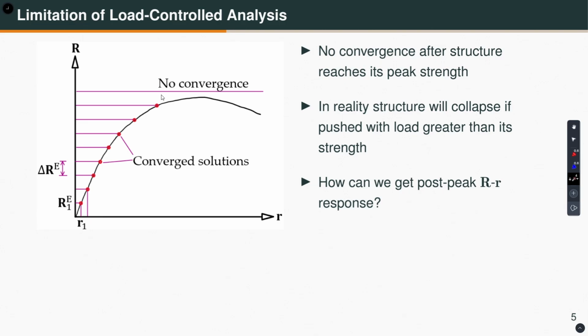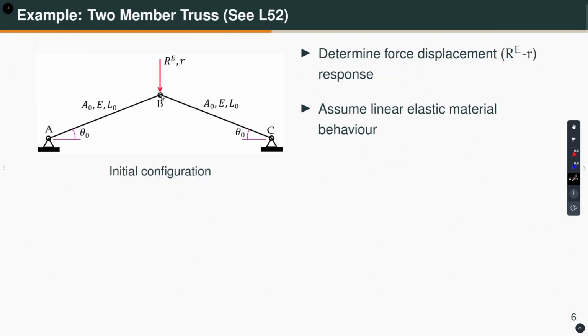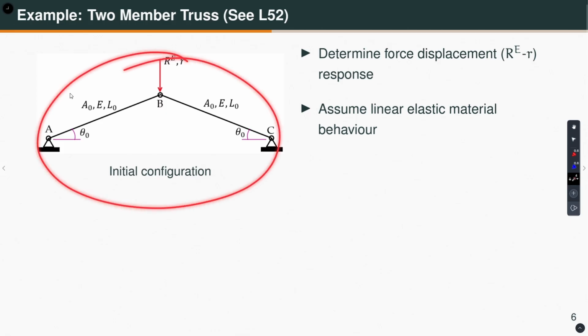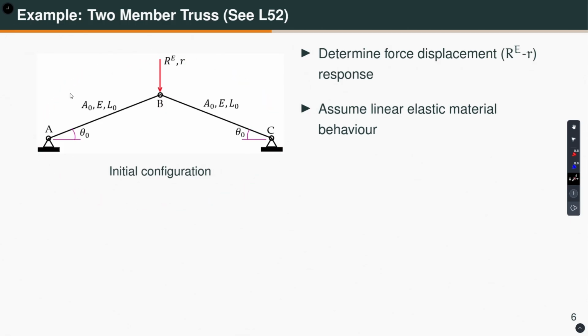Now, throughout this course, you have done displacement control analysis many times in OpenSees, okay, and we have not discussed the theory. So, now we will understand what is the theory behind a displacement control analysis. Okay. So, before I get into displacement control analysis, again let us take reference of this same example that we studied in the previous lecture, that is lecture number 52.